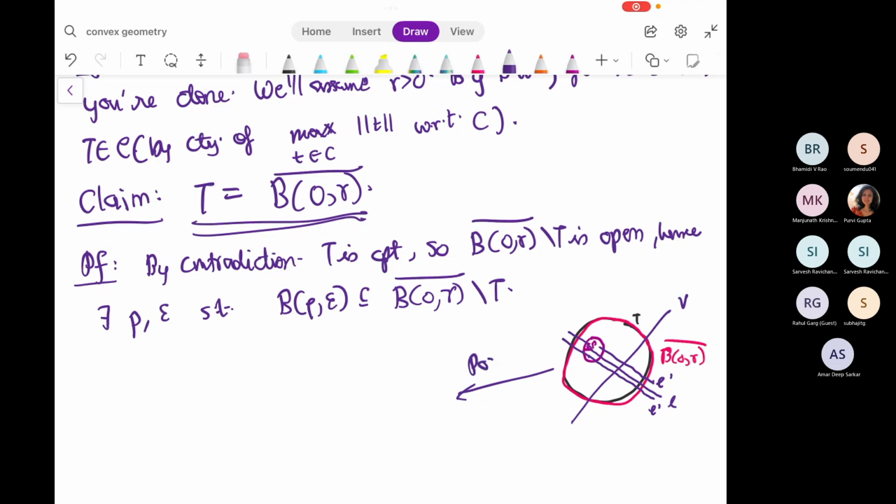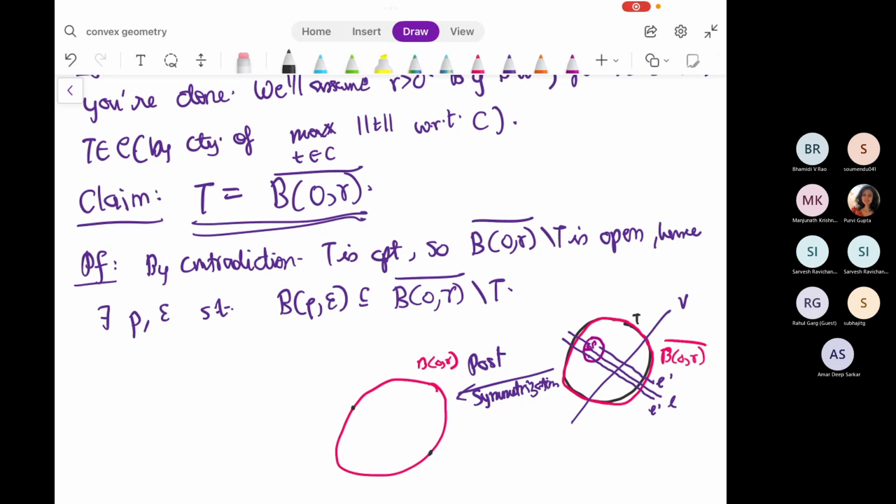So post symmetrization, now let's say this is the ball of radius 0r. What will happen is that when you take the intersection of that particular line L with the boundary, you will get lacunae at those points.